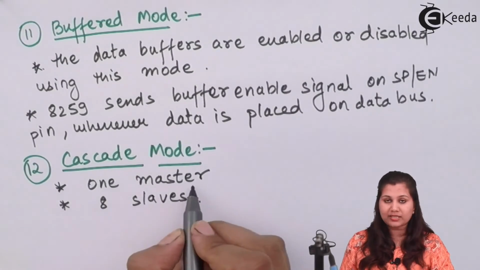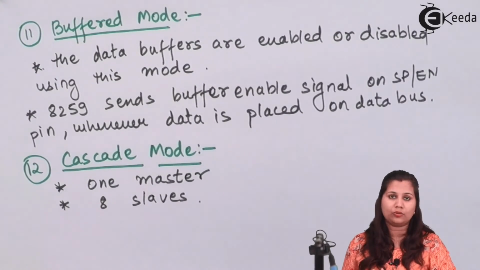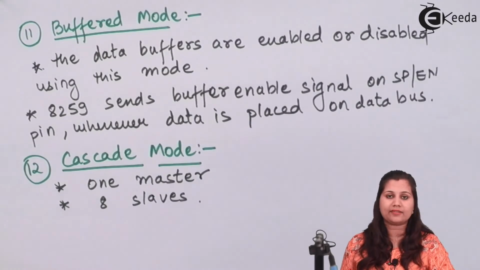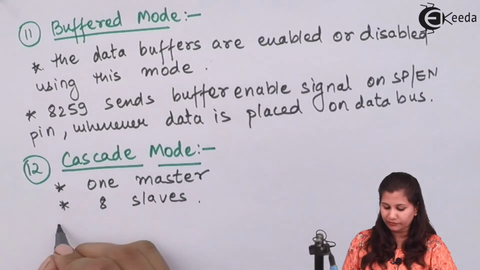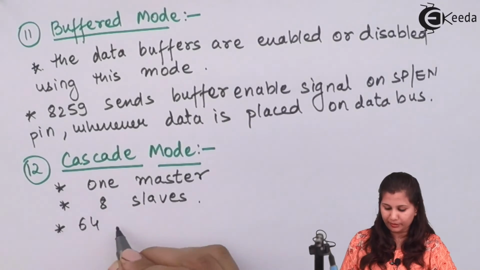One master can have 8 slaves, and these 8 slaves can take 8 interrupt requests each. So in total we have 64 interrupt requests.